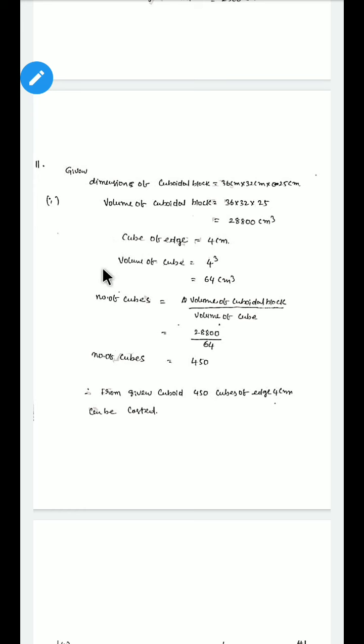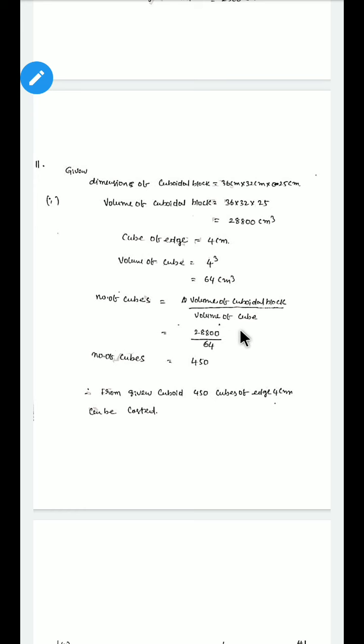So there are two things given. One is the cuboidal block and one is the cube metallic block. This cuboidal block is melted and made into small cube blocks. So at first you have to find the volume of the cuboidal metallic block.